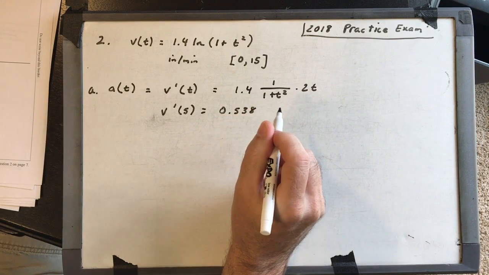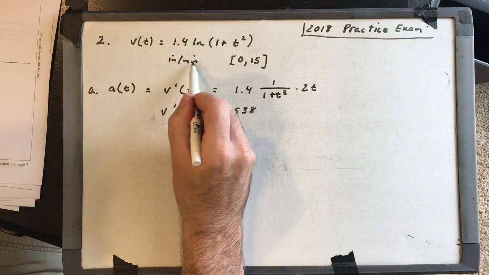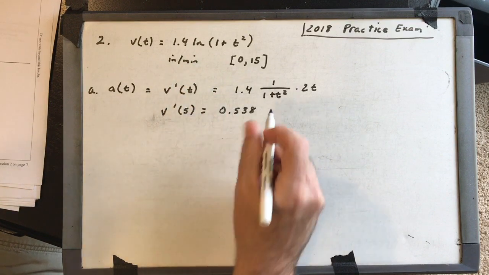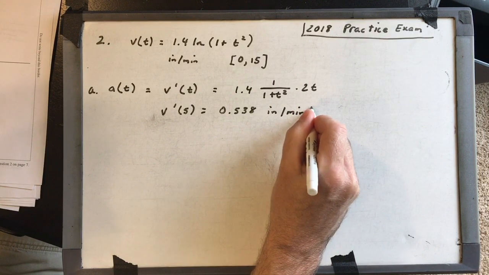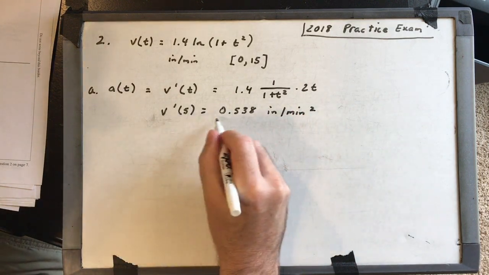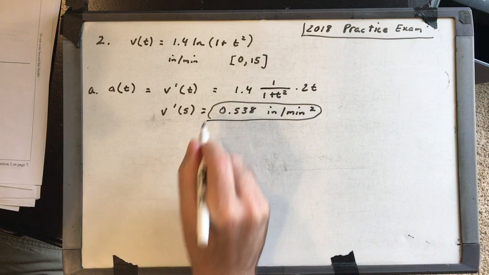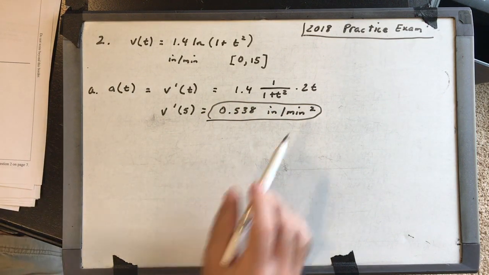All right, and so this is inches per minute, so acceleration would be inches per minute squared. I think one like that would be fair game.